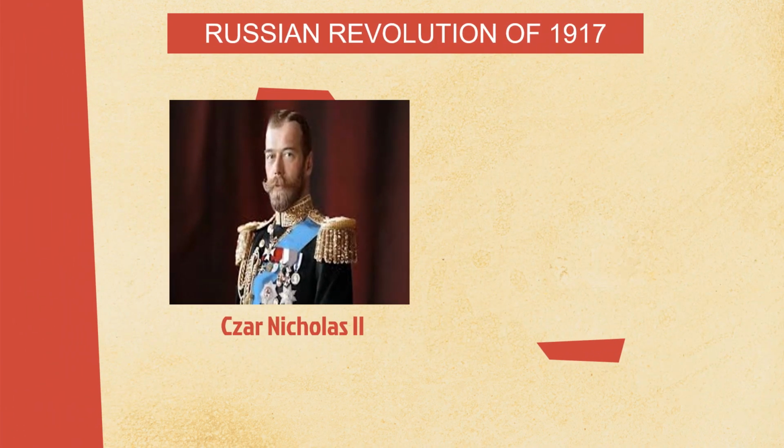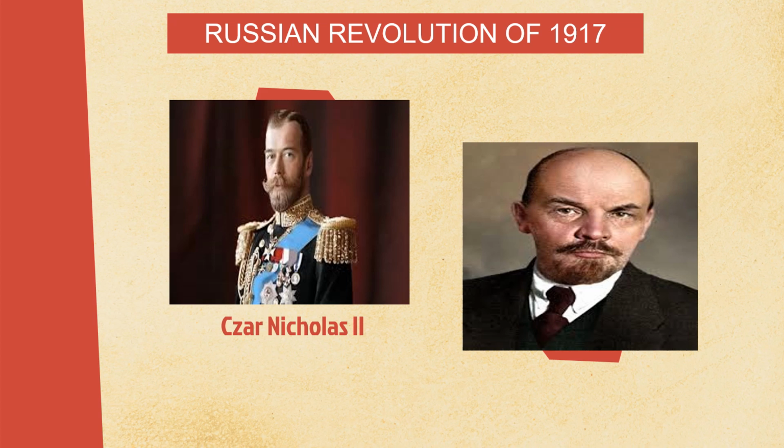After the collapse of socialist internationalism, a more radical version emerged, and it was harsher. It was the Russian Revolution of 1917. They wanted to remove Tsar Nicholas II and replace him with a revolutionary government led by the Bolshevik Party and its leader, Vladimir Lenin.